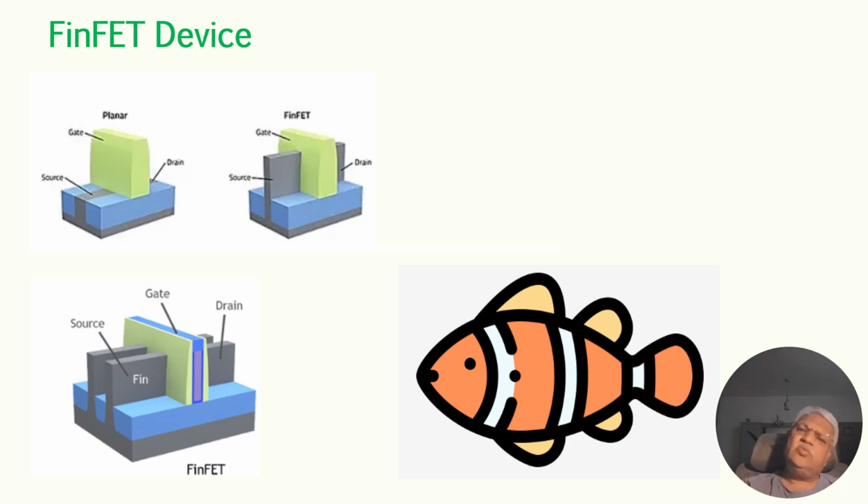Assume that we have created these using a DUV scanner, which usually employs a 193 nanometer wavelength. Then printing a 30 nanometer feature is only possible through multi-patterning.